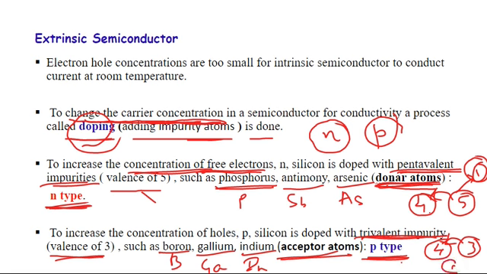It requires one more electron, so they have to accept one more electron. So they are known as the acceptor atoms. Pentavalent impurities are called the donor atoms, and trivalent impurities are called the acceptor atoms. Sometimes in competitive examinations questions are asked about this pentavalent and trivalent, so just remember the examples.